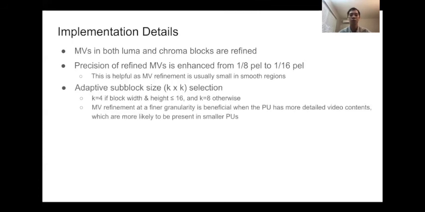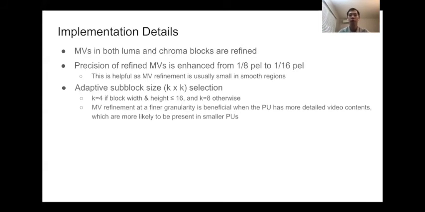We select the block size based on the prediction unit size. In particular, we use 4x4 subblocks if the prediction unit is smaller than 16x16. We use 8x8 subblocks if the PU is greater than 16x16.